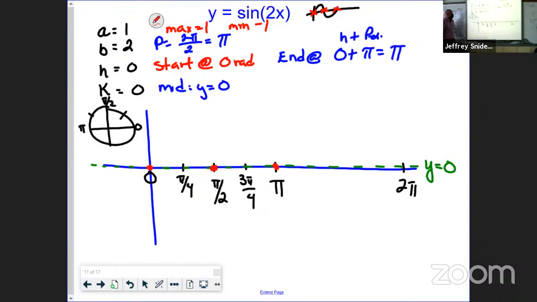All right. What happens between the first two? A max. And the max of this is going to be what? 1. So I'm going to go up 1, and I'm going to put a point. Halfway between the other ones, it's going to be at the minimum. And I'm going to put my dot. Here it is. There's my graph.